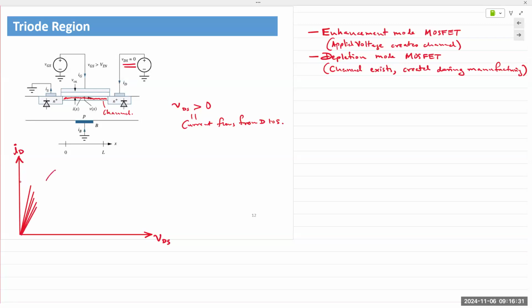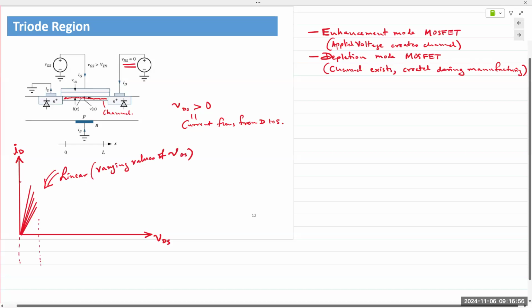So, a linear relationship, and these are varying values of VGS. And hence this is known as the linear region of operation.